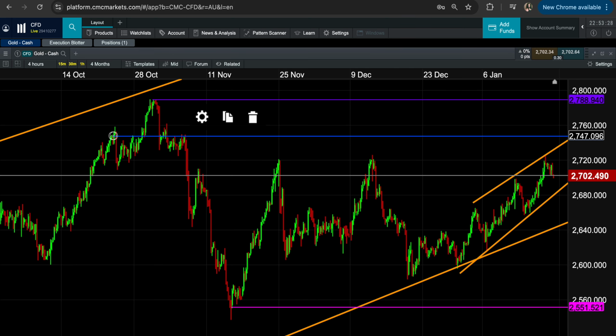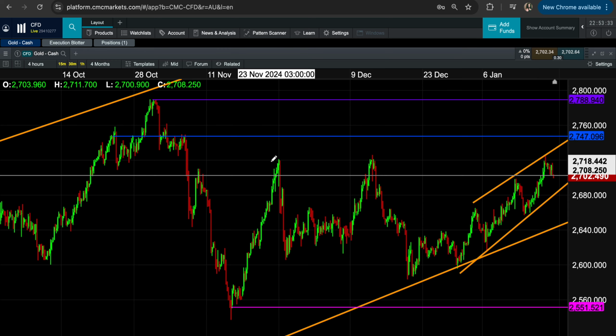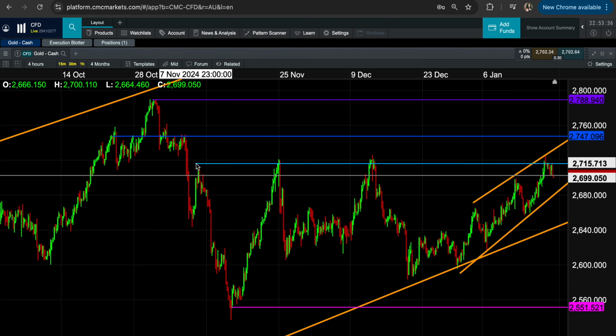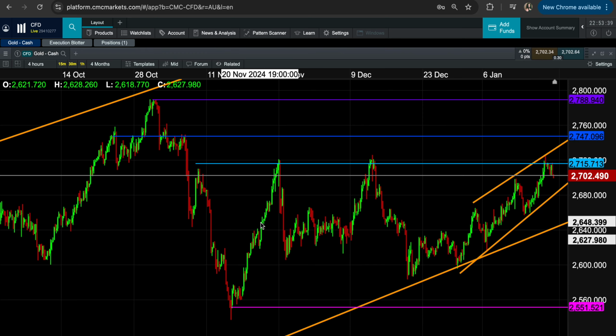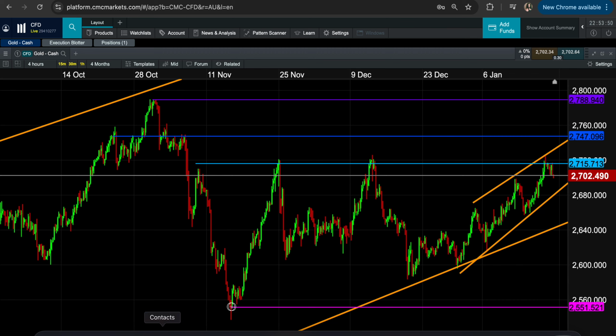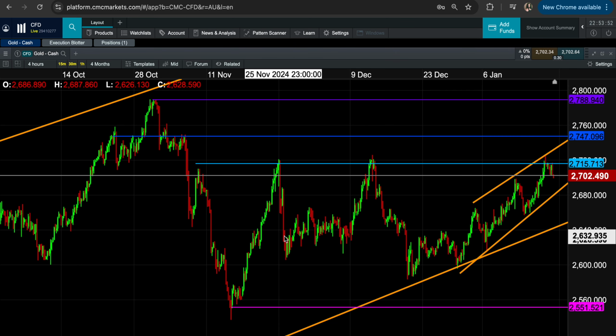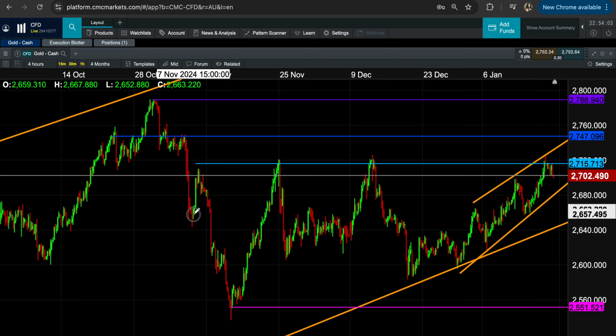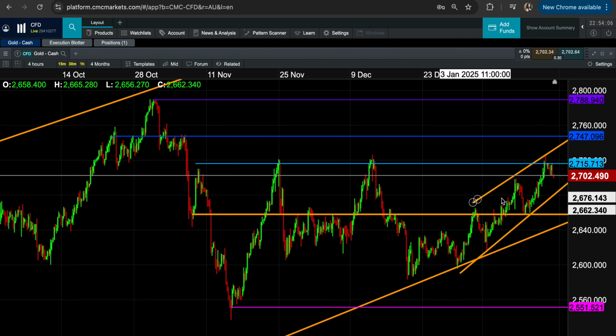Then I'll set another line over here. Let's say here. Where the peaks are forming, it's almost here: 1, 2, 3 and 4 touch points. I'll set one over here. So basically I'm setting the line where it touches multiple points.